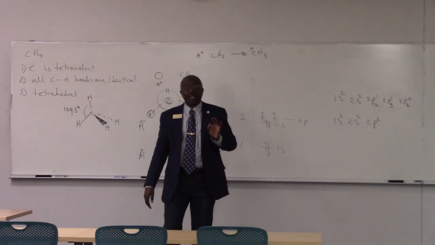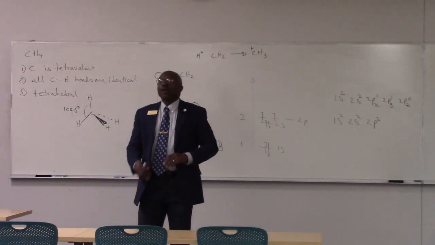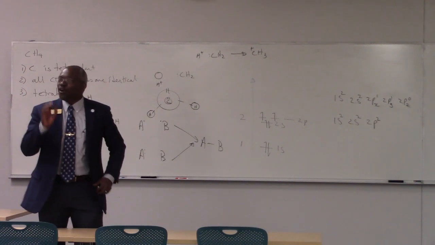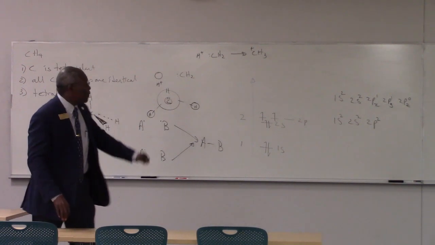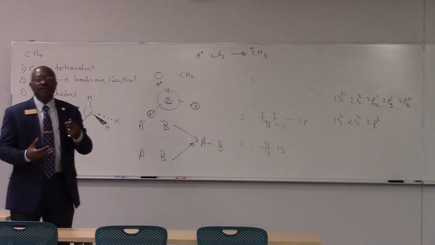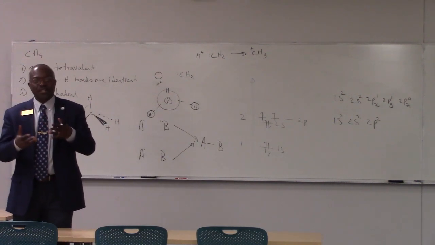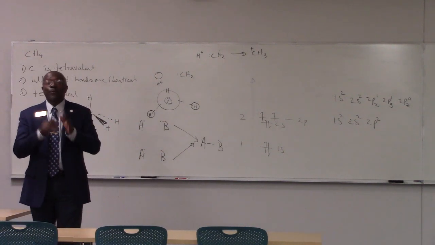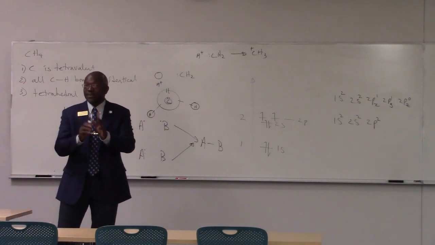CH4 is an anomaly. Whenever atoms bond in a fashion that is not consistent with their electronic configuration, we invoke a concept called hybridization. Okay, let's just see how that plays out. So we're aware that something funny is happening.